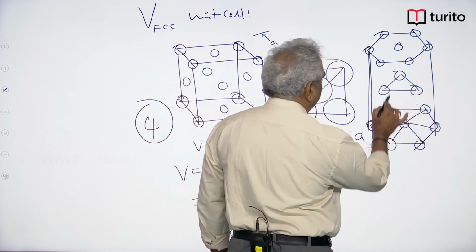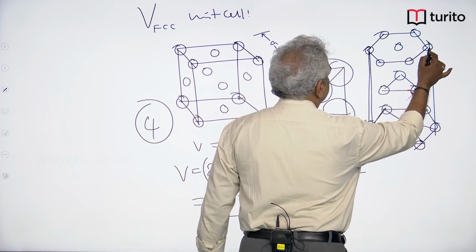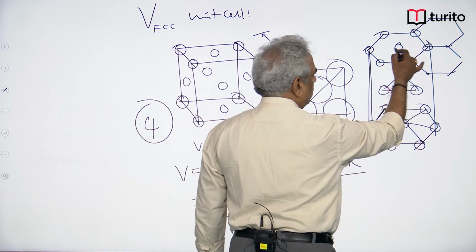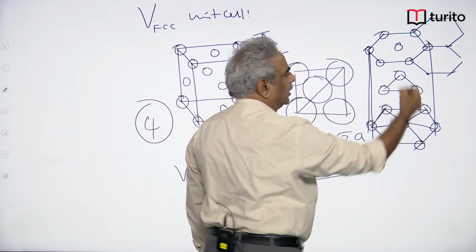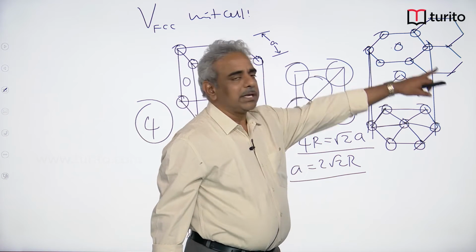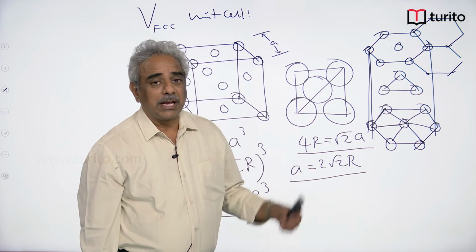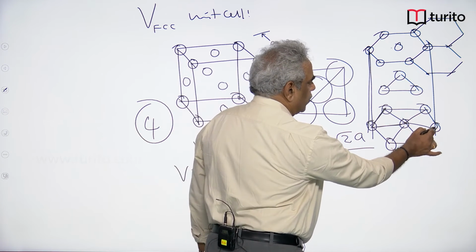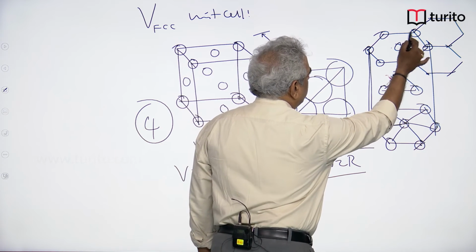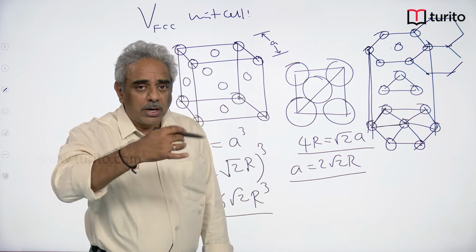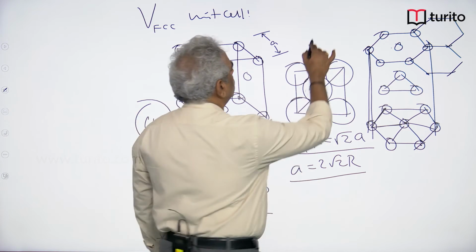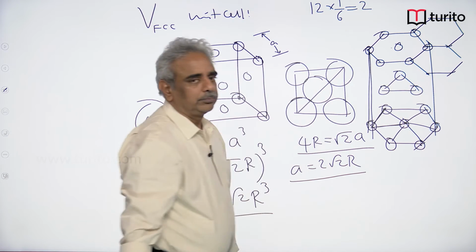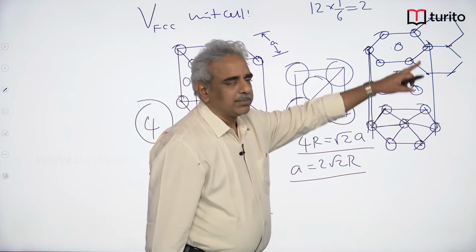The corners are 12. See, this corner is shared by 3 unit cells here, 1, 2, 3, and above 3, means what? Every corner is 1 by 6 in a hexagon. So, how many such corners are there? 1, 2, 3, 4, 5, 6, 1, 2, 3, 4, 5, 6. There are 12 corner atoms. So, 12 into 1 by 6 makes 2 atoms, and you have got 2 face center atoms.